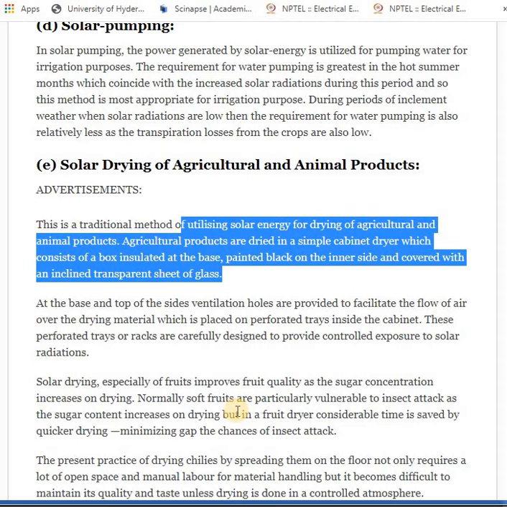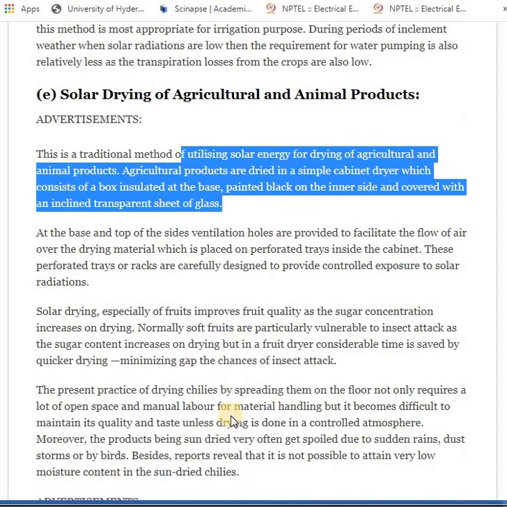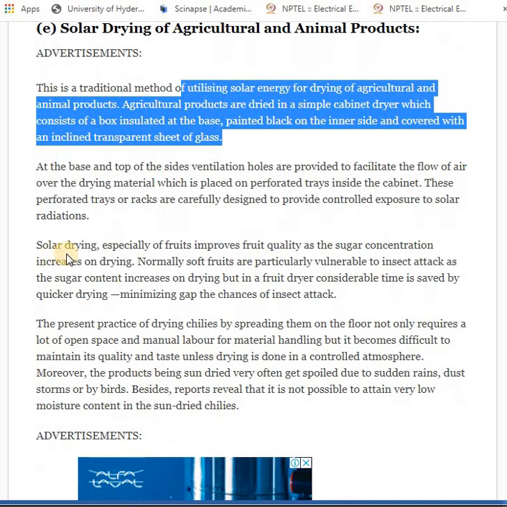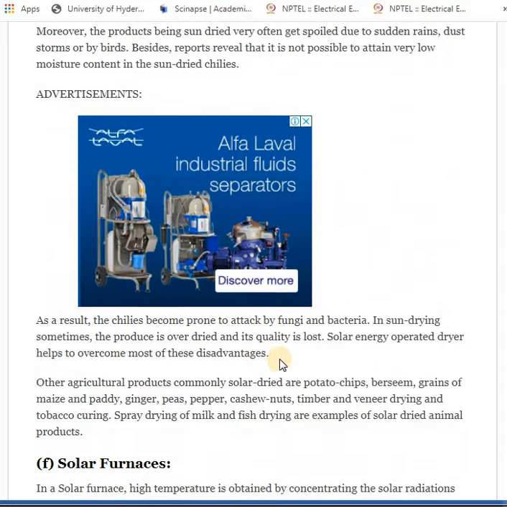The inlets will be provided for the flow of the air, and with this flow of the air, the material gets dry. Solar drying is especially used for fruits to improve fruit quality, as the sugar concentration increases on drying. Normally soft fruits, particularly those vulnerable to insect attacks, are used for drying purposes.